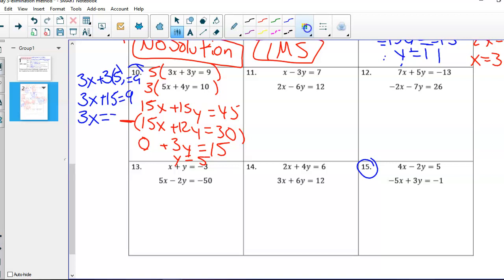I think it's a little higher. Higher in the negative direction, a little lower, I guess. Not 4, not -4, but -6. So x is -2. So 2, 5, -2, 5 would be our solution.